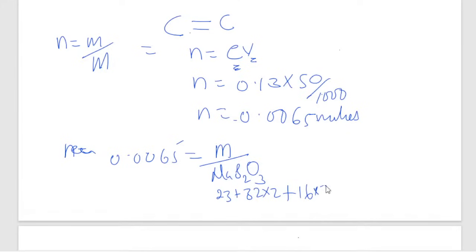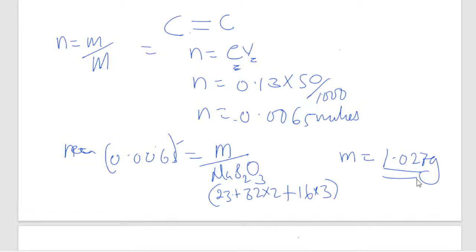Plus times 3. Yes. So when you add, it means it's this times this. So the molar mass is going to be equal to, when you multiply the whole thing, this with this, you understand? The mass is going to be 1.027 grams.